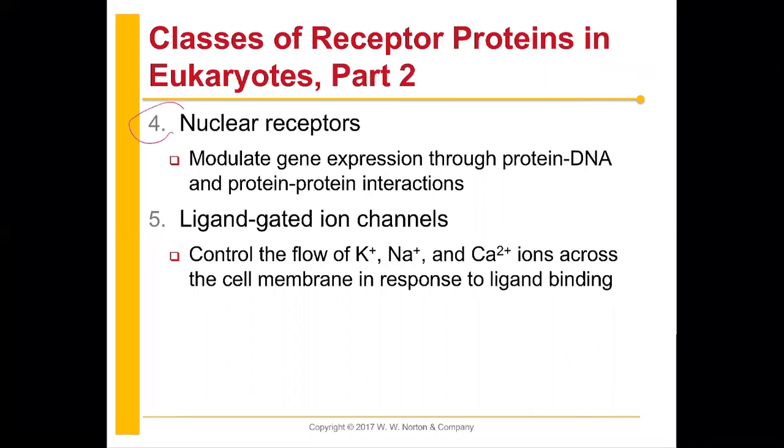So it's really nuclear receptors that are the only ones that are not membrane-bound proteins, and these are super special because they don't bind extracellular ligands, right? So everyone else, right?